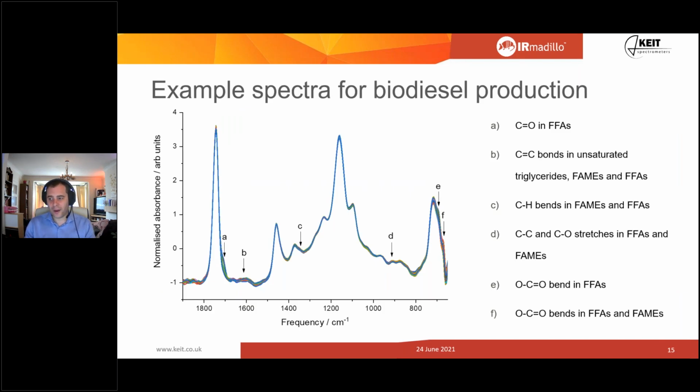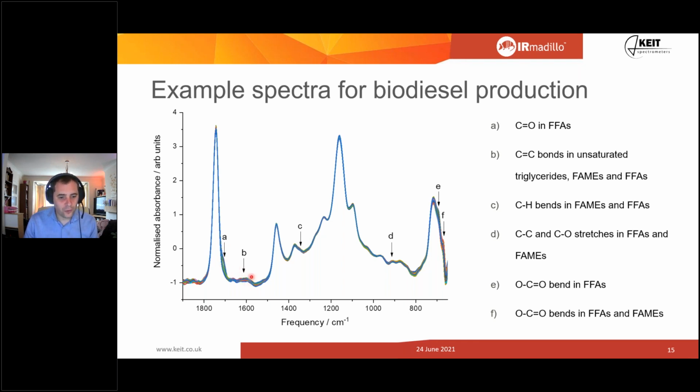So, example spectra. This is a spectrum for biodiesel, and this is a mixture of FFAs and FAMEs in predominantly sunflower oil. This was a laboratory example. So we've got this big peak here. This is the actual carrier oil itself. This is the C=O in the triglycerides. And then we've got this shoulder here. These are the C=O's in free fatty acids.